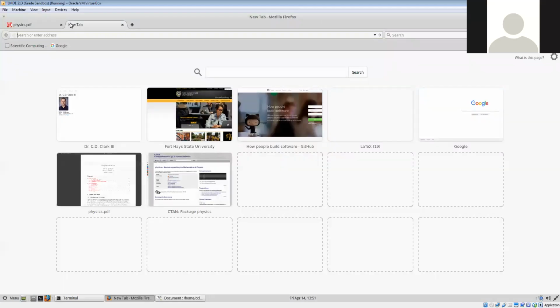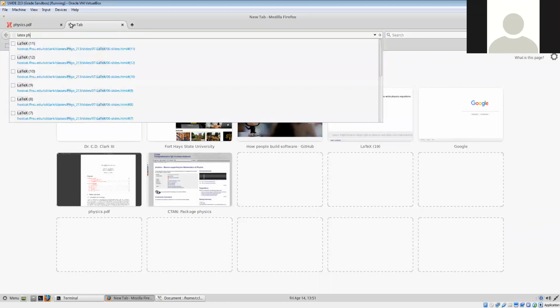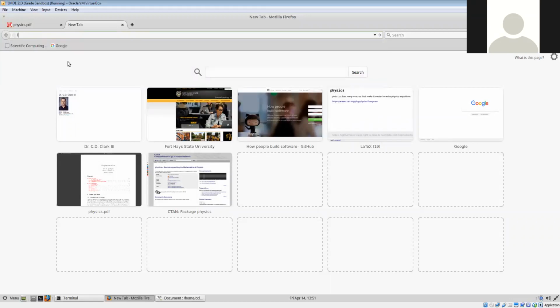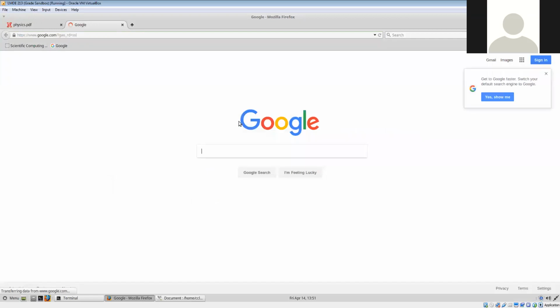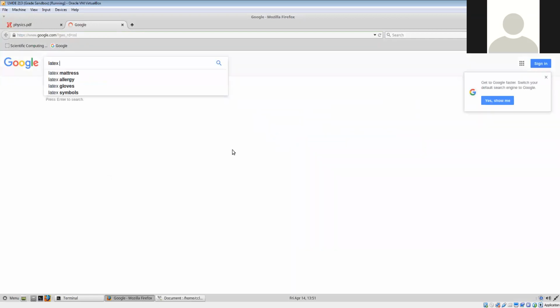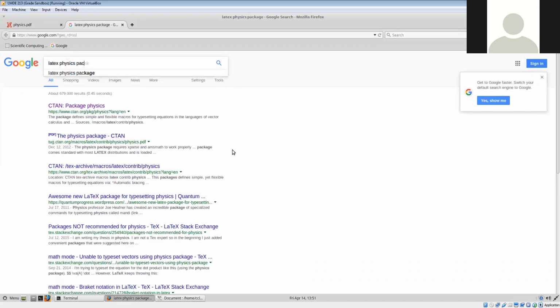So let's look for, what distro are you using? Debian testing. Okay. Let's do LaTeX physics package. Mine is 4.5. And let's see, Debian install.